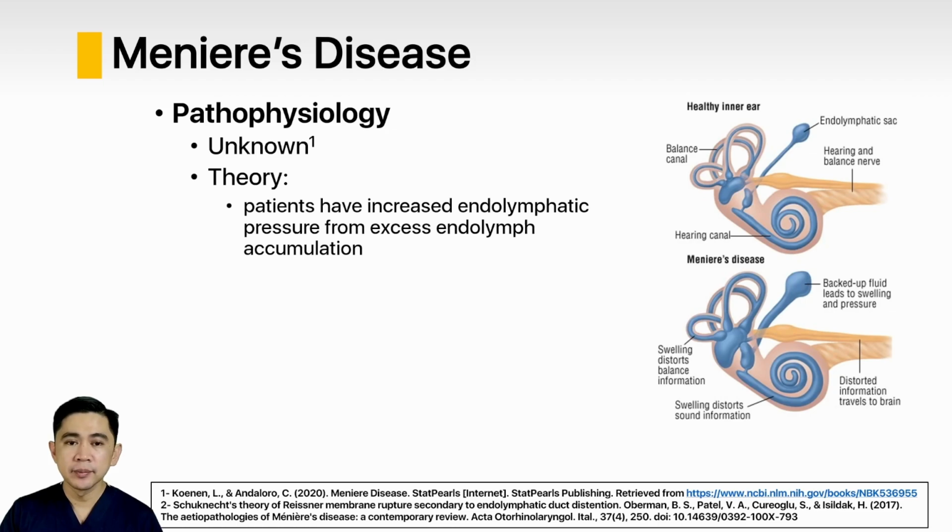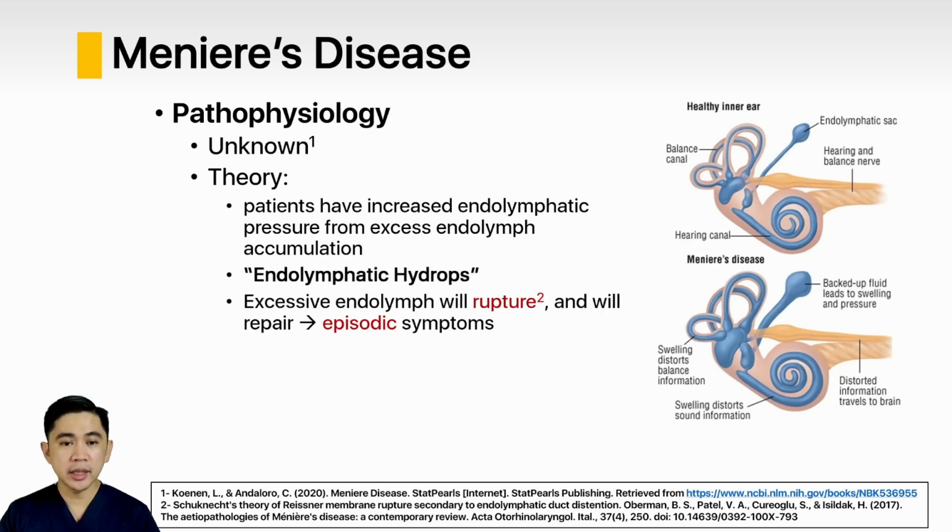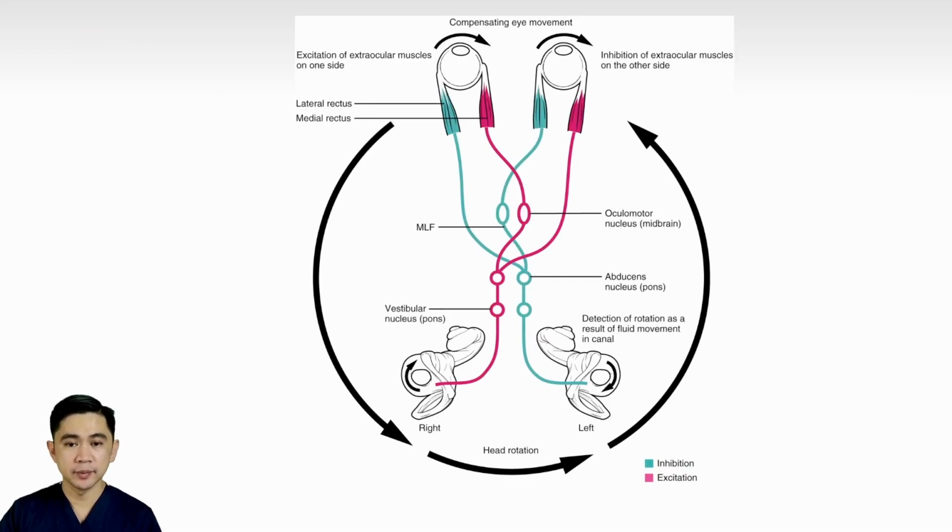In Meniere's disease, there's an excess of endolymph in the membranous labyrinth, like this one. So this is the normal, healthy inner ear. In Meniere's disease, it is bloated. Sometimes they describe this as endolymphatic hydrops. Excessive endolymph accumulation will rupture the membranous labyrinth and it will be followed by repair. That is how the episodic symptoms of Meniere's disease can be explained.